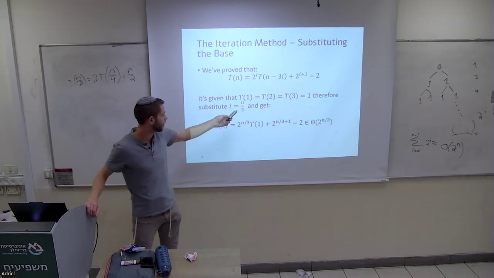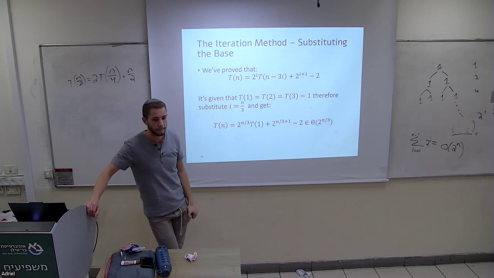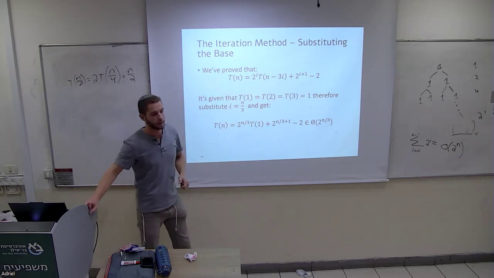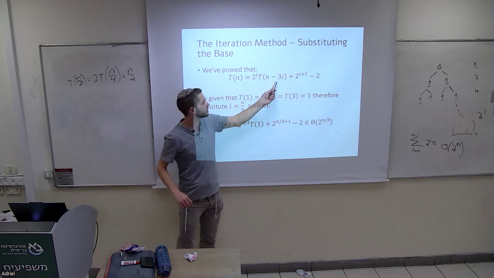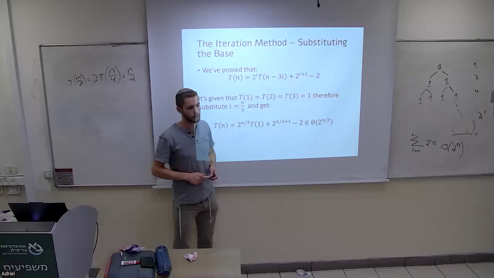But if you wanted, you could do n divided by 3 minus 1 to actually get T of 3. But you're trying to make T of whatever this is equal to T of 1, to get it equal to this thing.